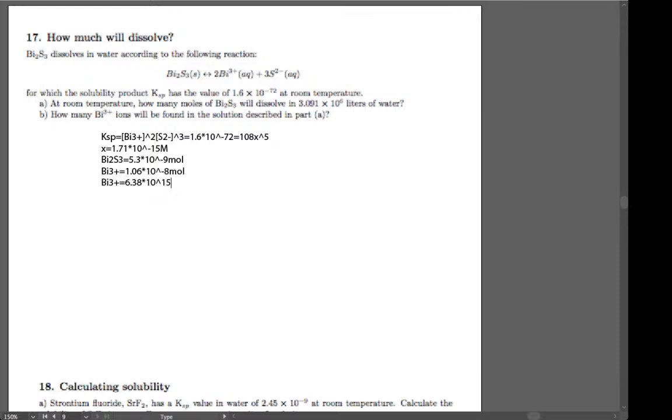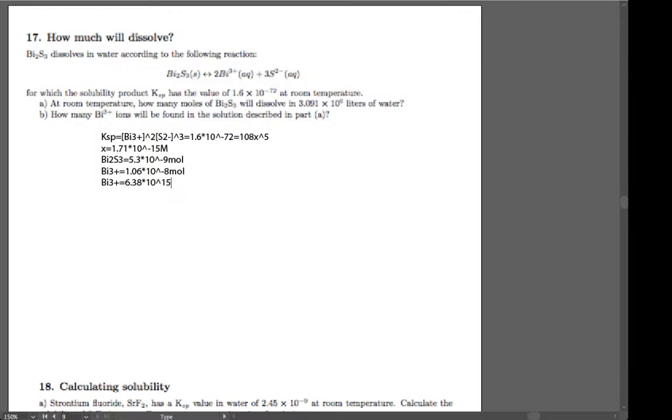This is why I should read the question more carefully. How many ions? That means it's not moles, which is different. A mole is basically like a dozen, which is 12, and I don't know any other units.